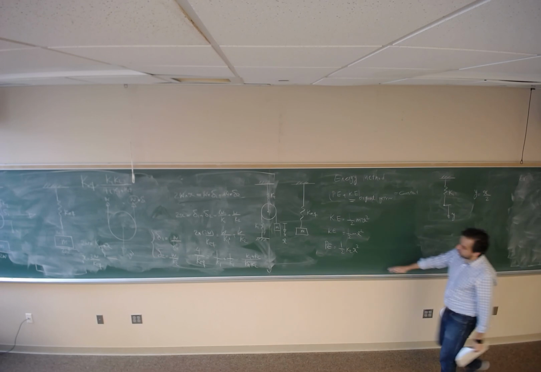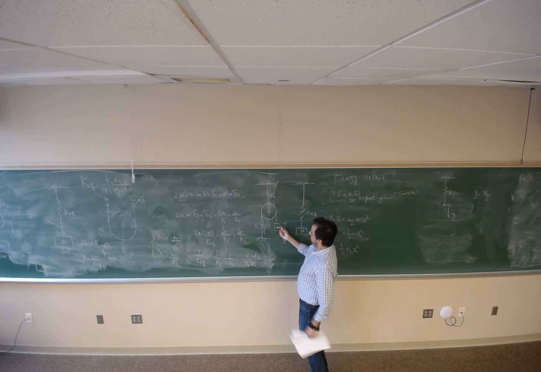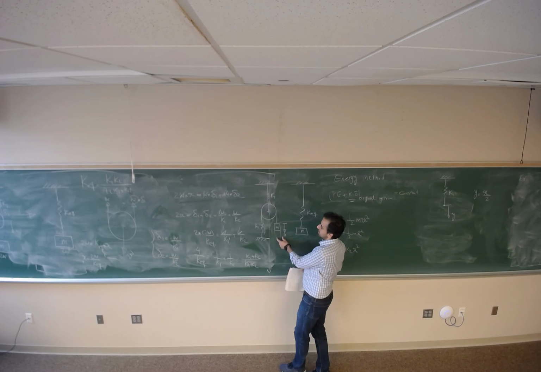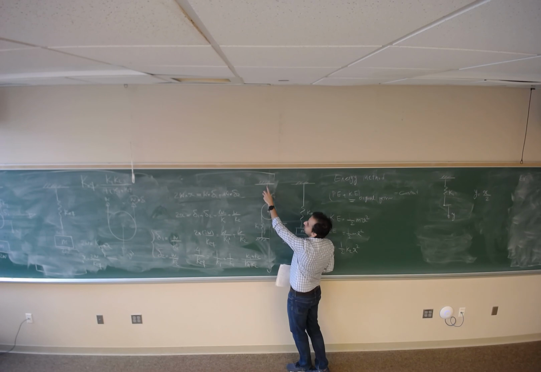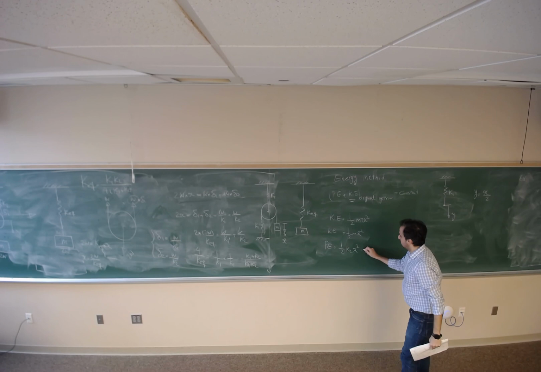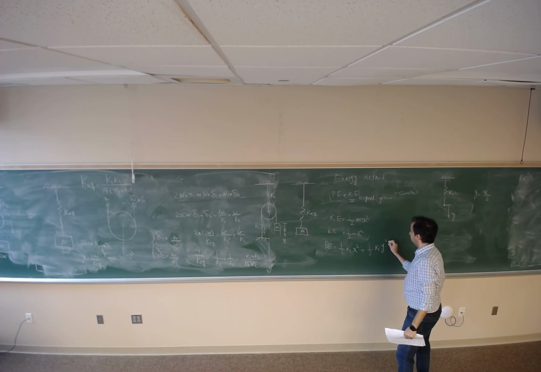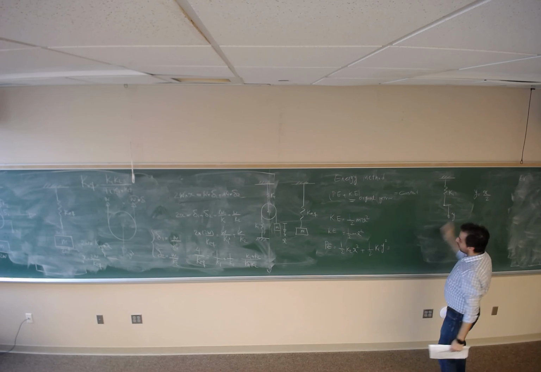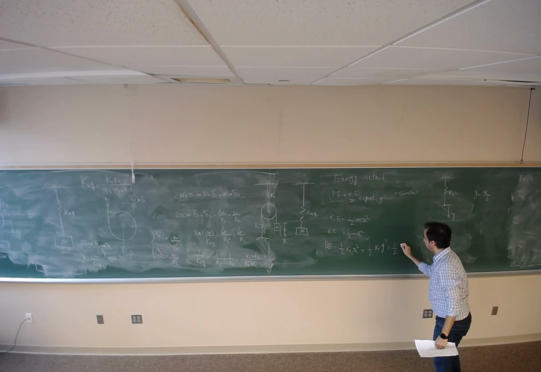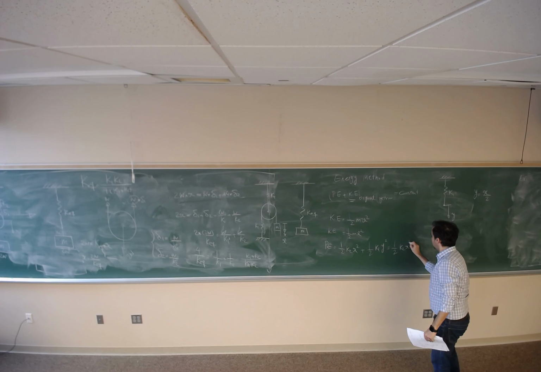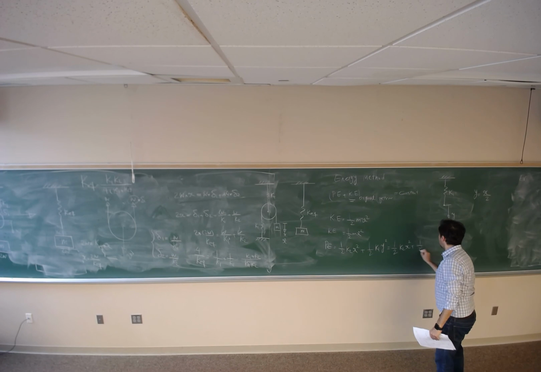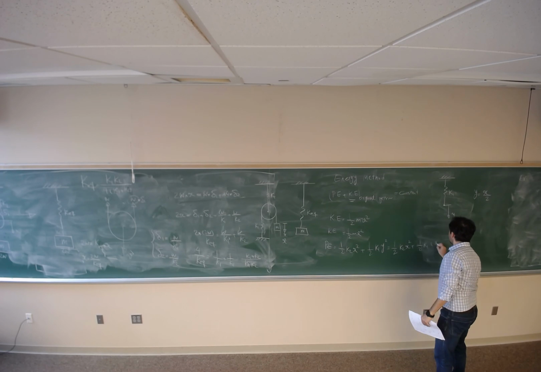So by moving this by a deflection of x on this row, we are going to make the deflection of y on the other side. So it's going to be half of k1 y squared. And y is half of x, so it's going to be half of k2 x squared plus half of k1 (x over 2) squared.